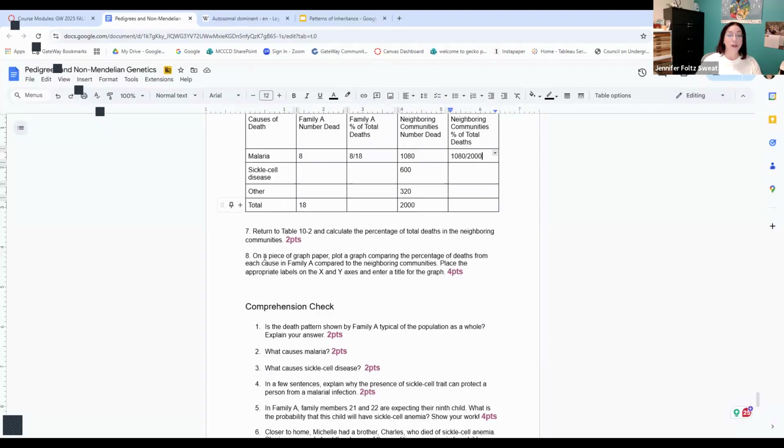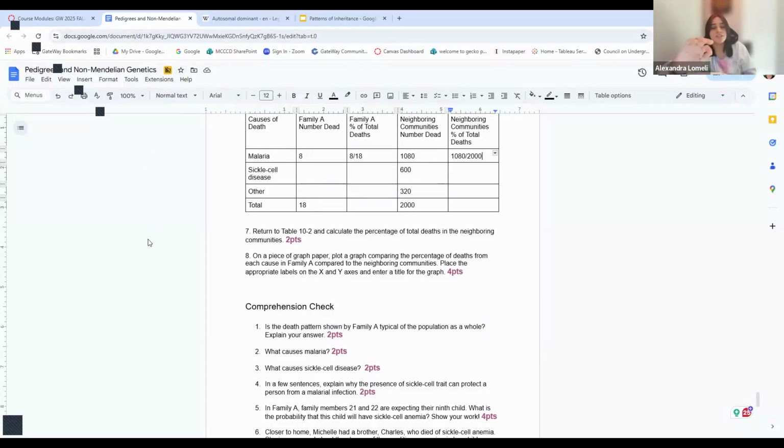Causes of death would have been on your x-axis because that is the independent variable in a sense. And number of deaths would have been on your y-axis. And then you would have had 2 bars per cause, a bar for family A and a bar for the neighboring community. And actually, it would have been percentage rather than number.